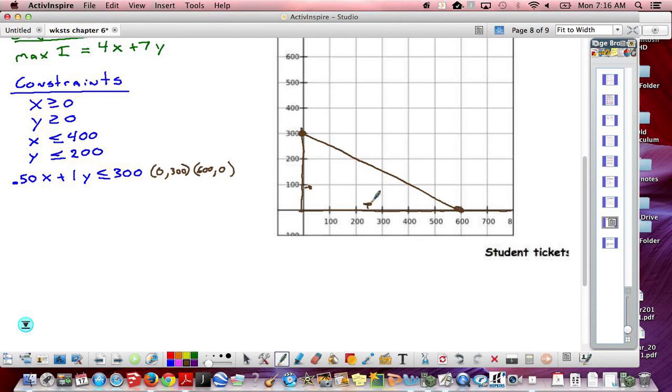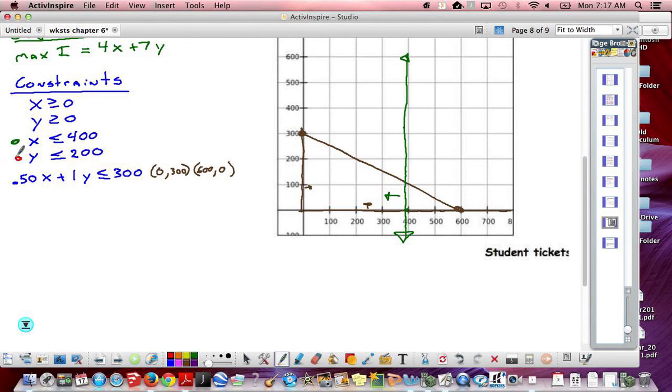However, I still have two more constraints to deal with. I have this one right here: x has to be less than or equal to 400. So I go over on the x-axis to 400. x equals 400 is a vertical line, so I need all the values that are less than it. Notice how this chunk of the triangle is no longer part of a solution.